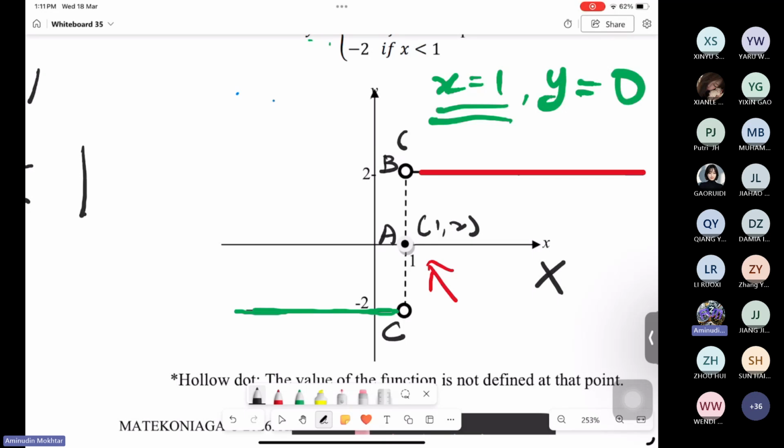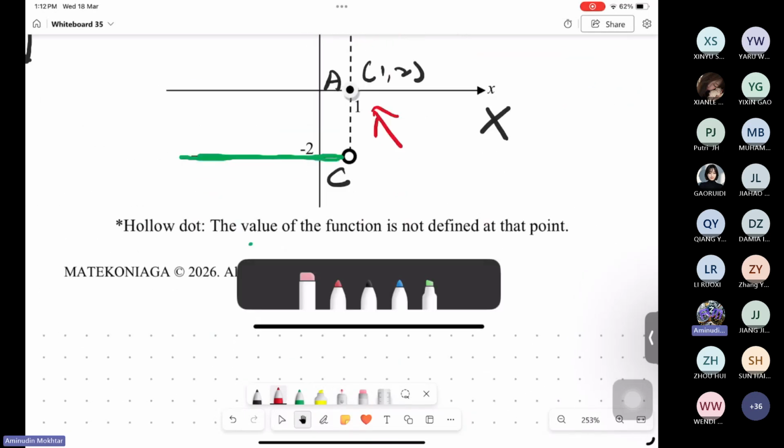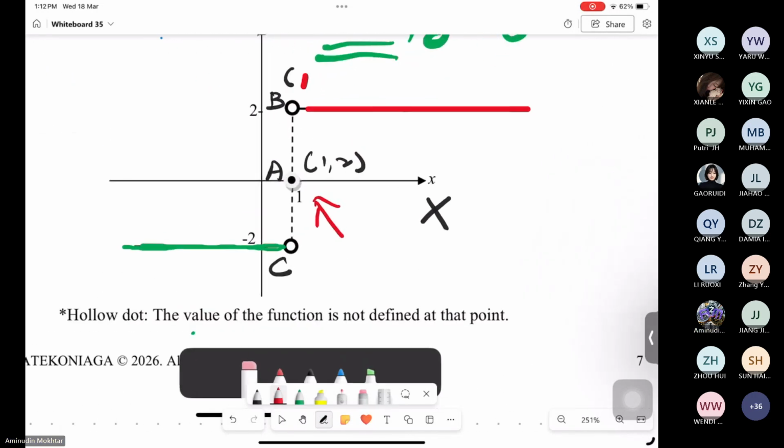But at point B, if I draw the coordinate point, it belongs to x equals 1, y equals 2. This one is 1, 0, not 1, 2.